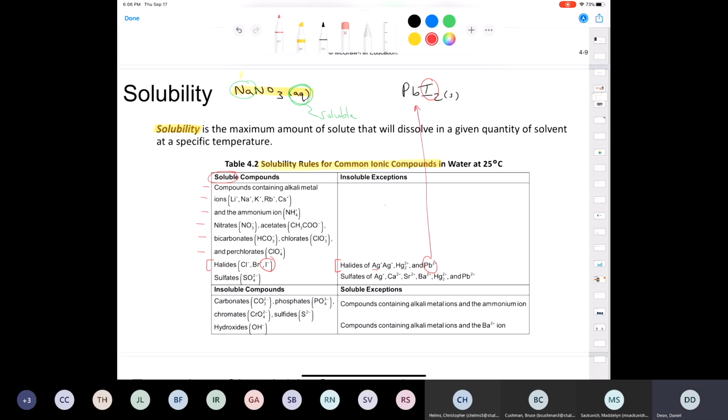And since this is on the insoluble side, I know that it is not soluble, right? And I am going to put solid next to it like this. Okay, so not soluble.